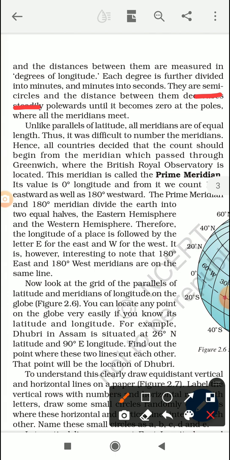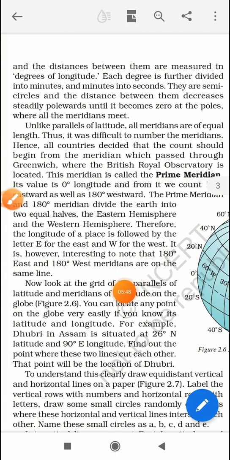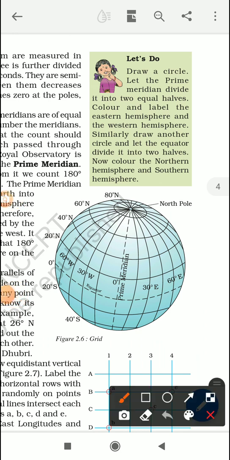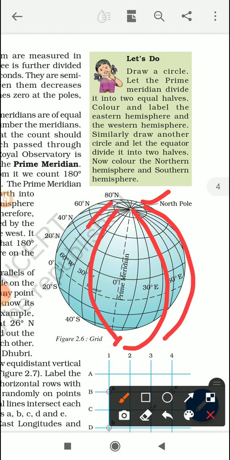It is on the North Pole and the South Pole where all the longitudes meet. As you can see here, the North Pole and the South Pole are the regions where the longitudes actually meet with each other. Understood?